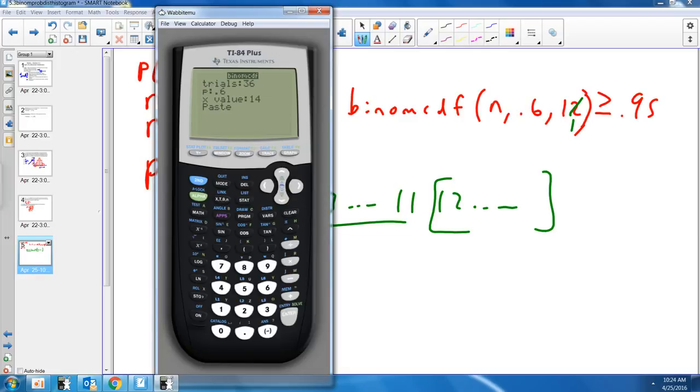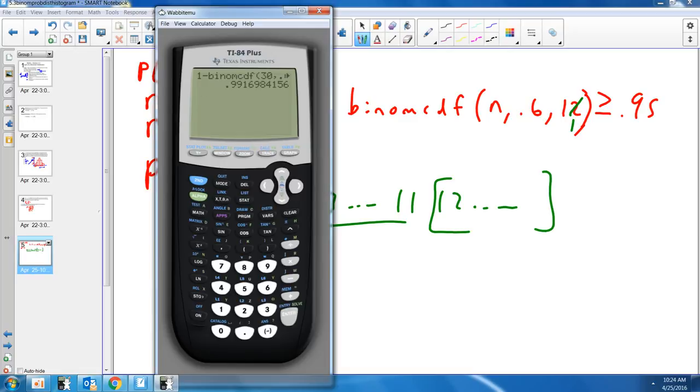Let's say it's going to be 30 as a guess. 0.6 is what I want. I want to subtract off the 11 to make it 12 or more. When I do this, just as a guess, I'm at 0.99, or 99%, which means I'm high in terms of the minimal amount of shots that you need.